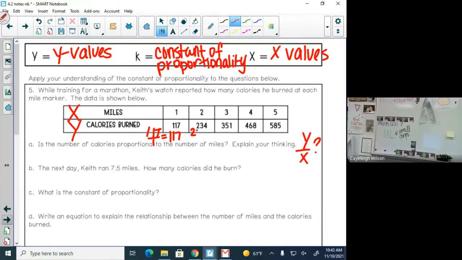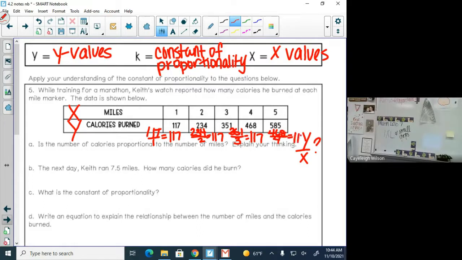I'm taking 234 divided by 2, and I got 117. You want to make sure you check them all, though, because what if they try to throw you a wrench and throw one in there that's not? Okay, so I'm going to take 351 and divide it by 3. That's 117. I'm going to take 468 and divide by 4.